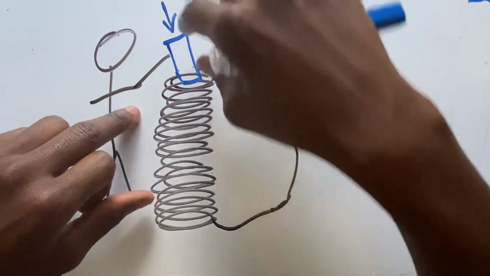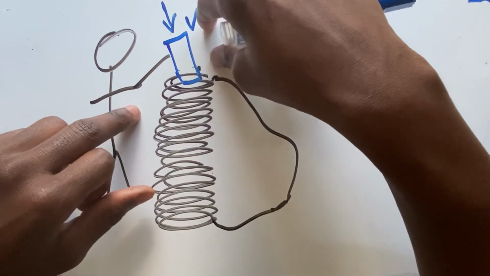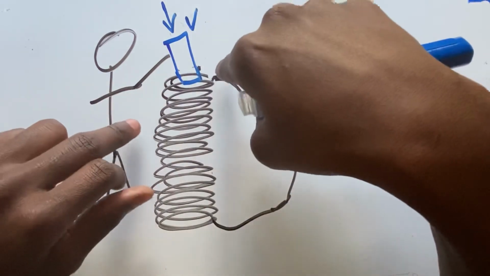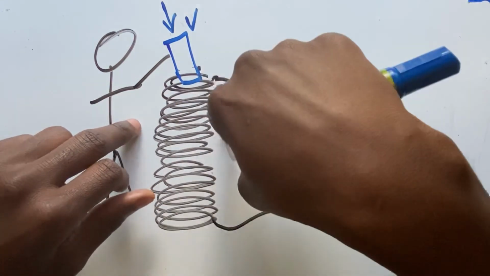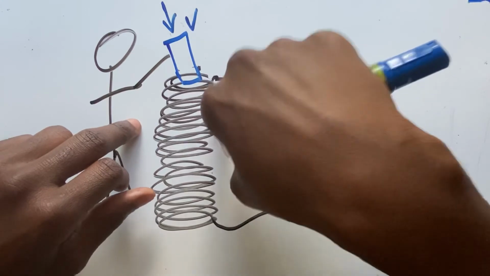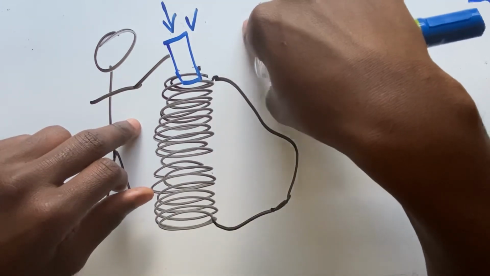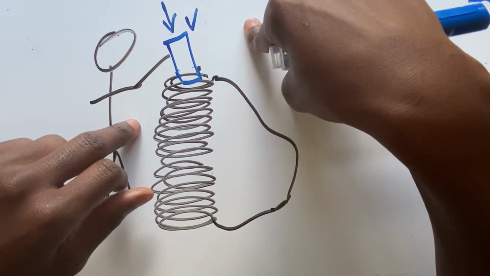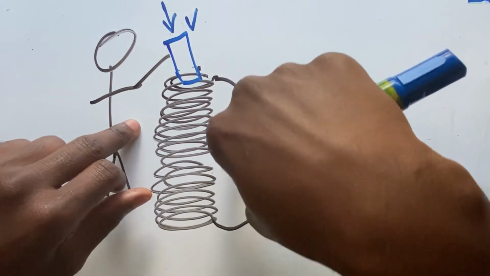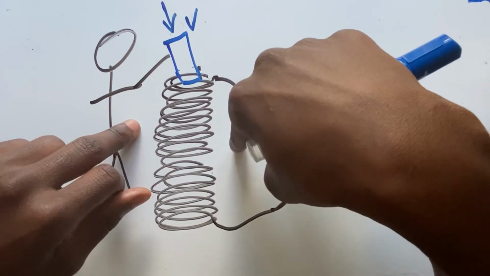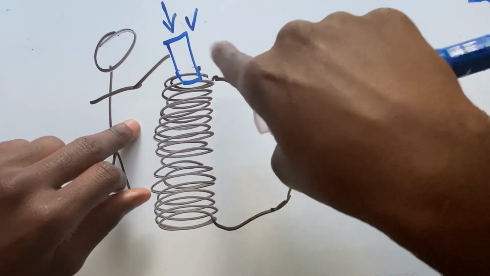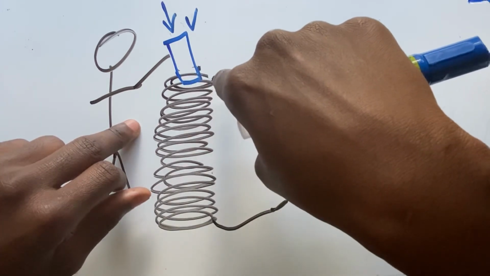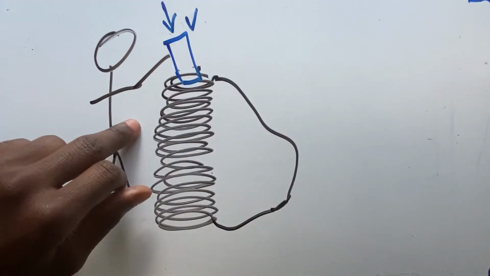Well, we know since this is a magnet and it's going through basically this closed loop, it's going to induce a current, right? Well, the slide says it's more difficult to push the magnet into a coil with many loops because the magnetic field of each current loop resists the motion of the magnet.